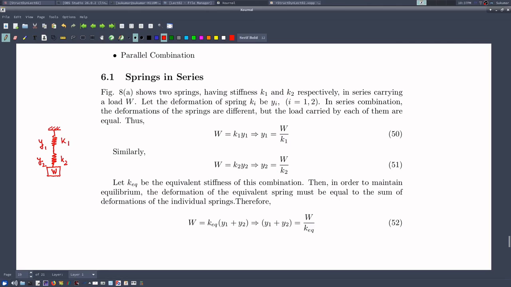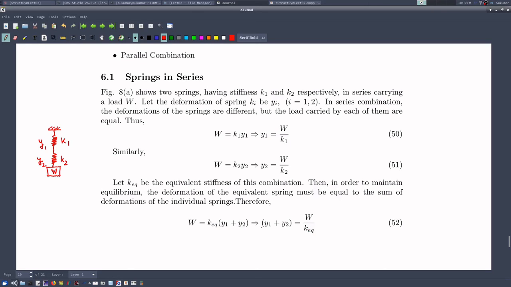Now I will take an equivalent spring that undergoes the same amount of deformation, that is, the sum of Y1 and Y2. If my equivalent stiffness is K equivalent, KEQ, then W must be equal to K equivalent times the deformation of the equivalent spring, Y1 plus Y2. So Y1 plus Y2 is W by K equivalent.